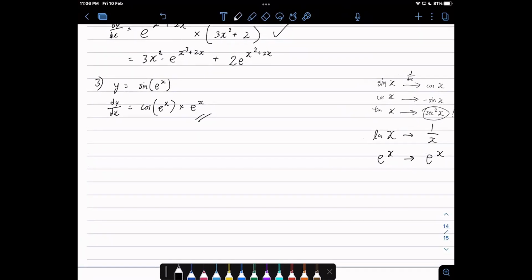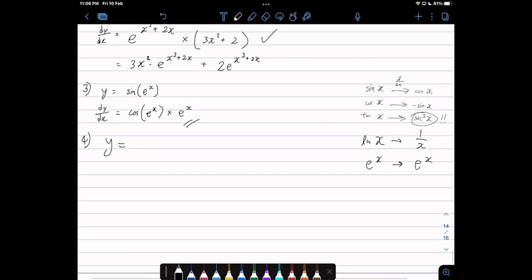What function would you like? Design your own function. Okay.